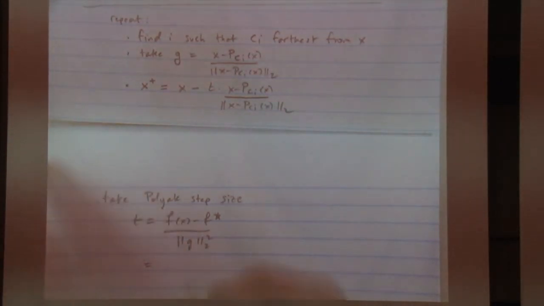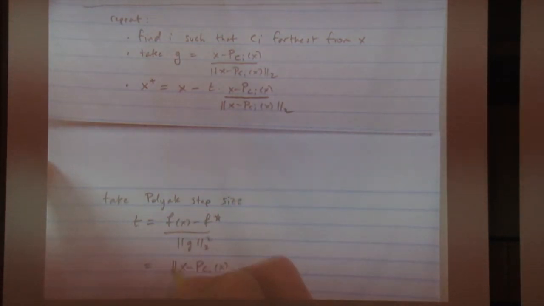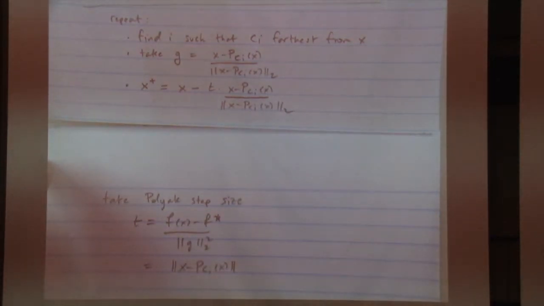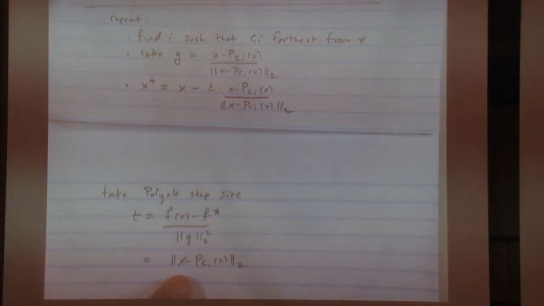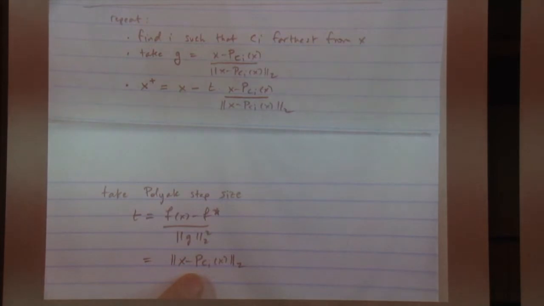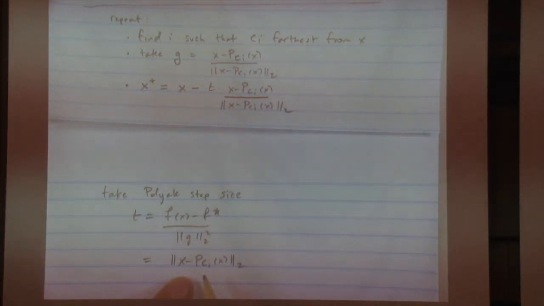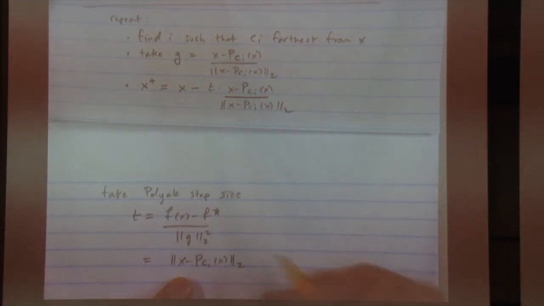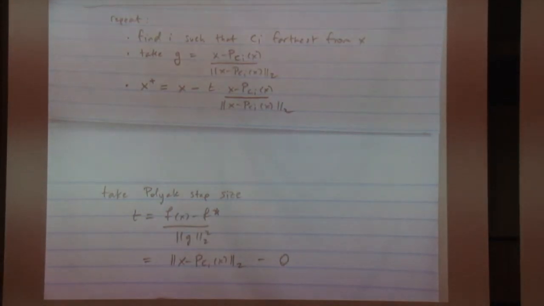So that's actually equal to the norm of x minus its projection onto C_i, because remember C_i was chosen because the set was farthest from x. So that's equal to f(x). f star is 0 if we know that there's a point that's in their common intersection.